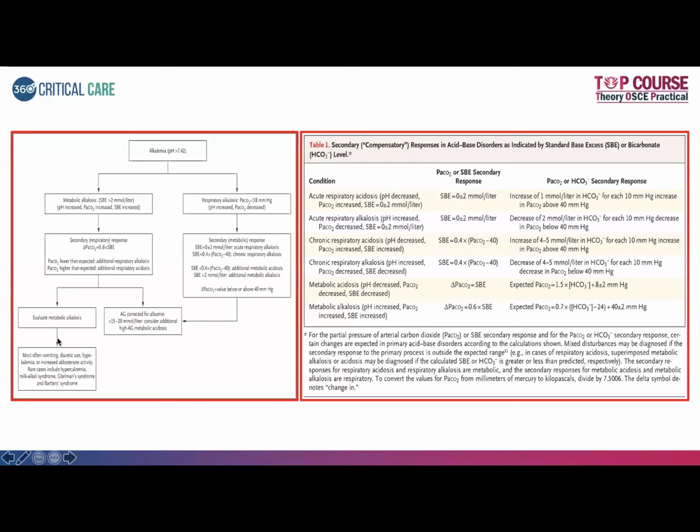For respiratory alkalosis, you go to the compensatory formula for the secondary metabolic response: standard base excess equals 0.4 times the delta PCO2 for chronic respiratory alkalosis. If it is less, you interpret based on your values.